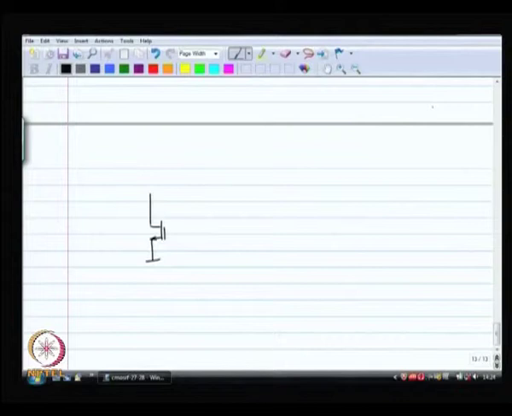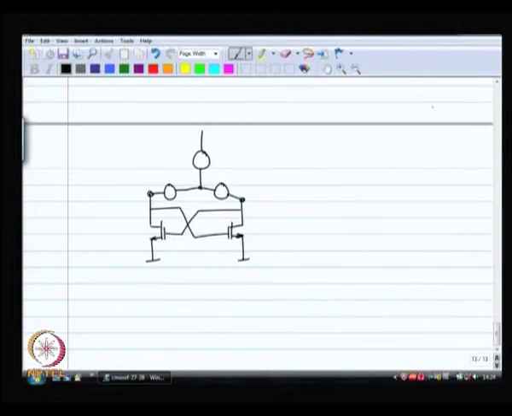Okay. Suppose you apply your signal like this, then you are going to do some sort of superposition trick to figure out what is going to be the current.